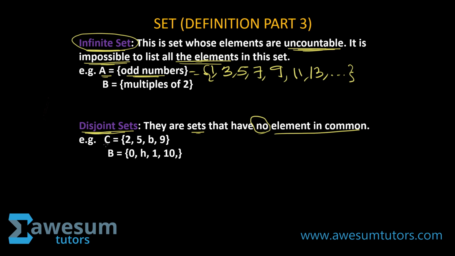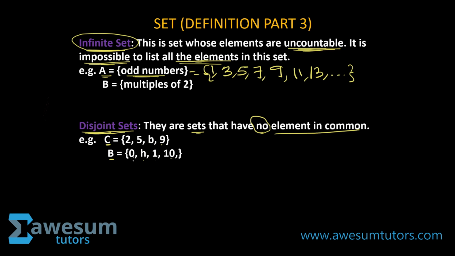Now look at this. Set C has elements 2, 5, B, and 9. Set B has elements 0, H, 1, and 10. Do they have any elements in common? There is a 2 here, there is no 2 here. There is a 5 here, no 5 here. You have a B here, no B here. You have a 9 here, no 9 here. Let us look at it the other way.